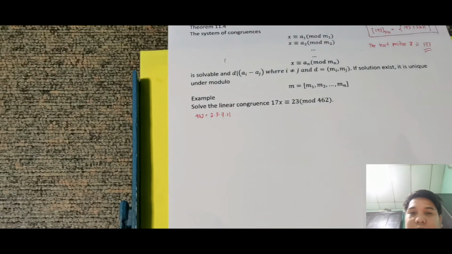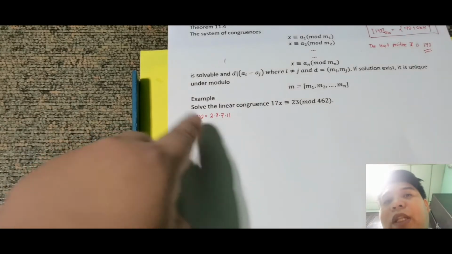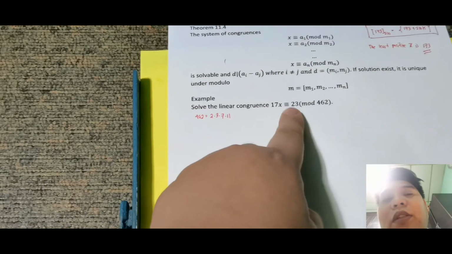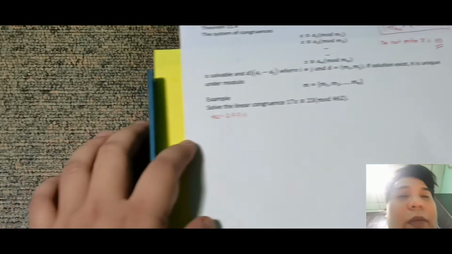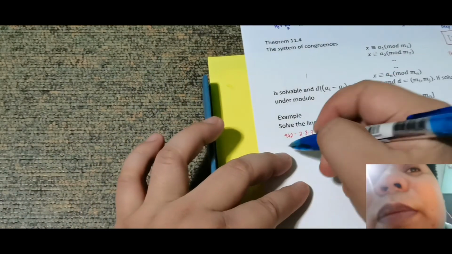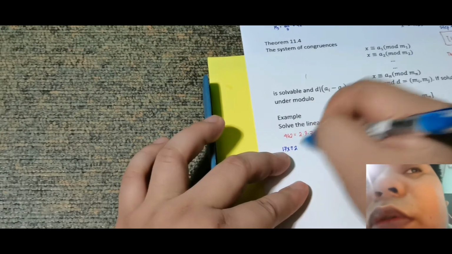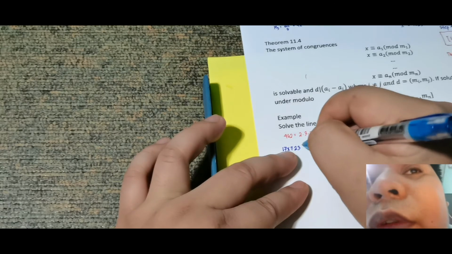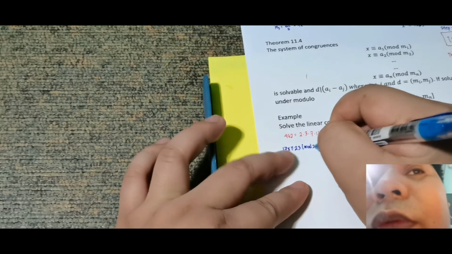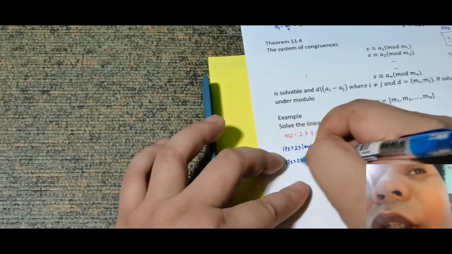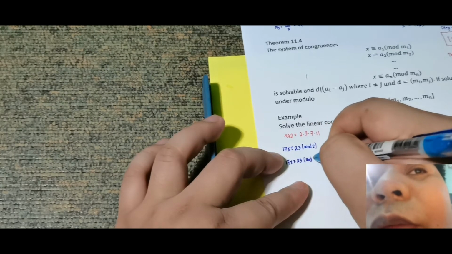So, ang gagawin natin afterwards is, after natin ma-form yan, pwede natin siya i-break into similar congruences. So, kumbaga, 17x congruent to 23 mod 2. Pangalawa, 17x congruent to 23 mod 3.